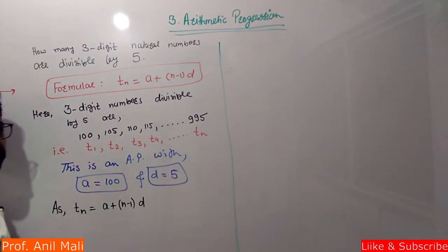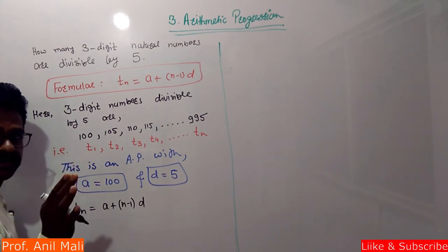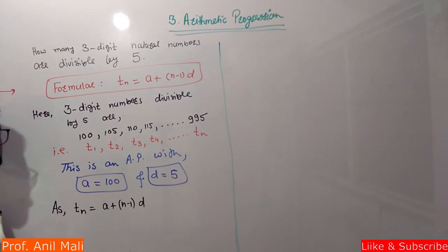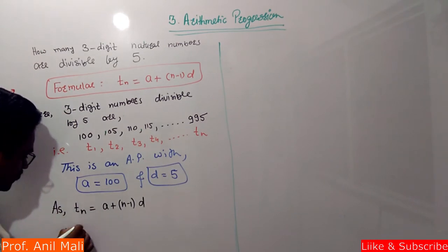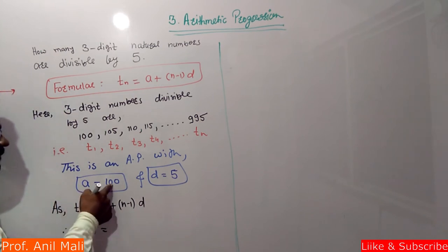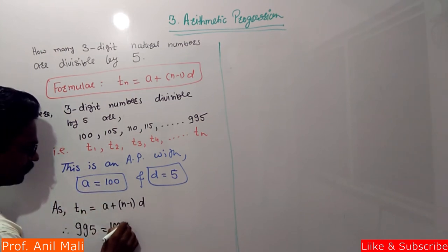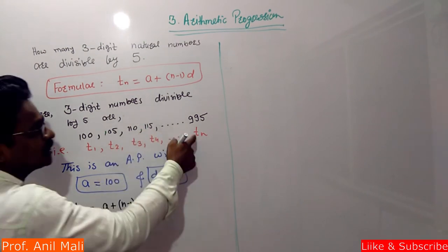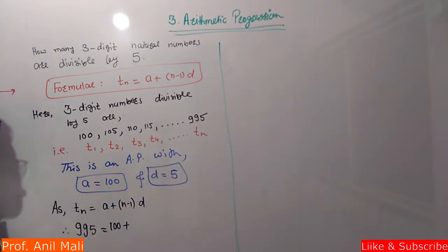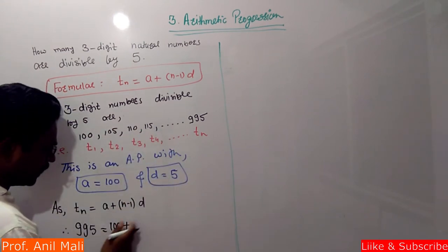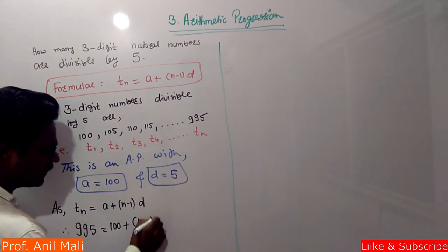Now in the given sequence, students, tell me which one is the nth term. Tn is 995. We can just substitute here. 995 is equal to A, the first term, which we know is 100, plus n minus 1 into D. We don't know n, and we need to find it out.